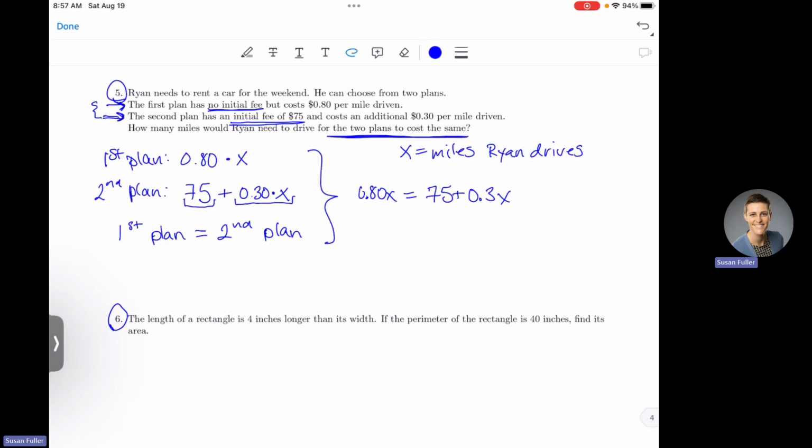All right. Now, this is the point where you can go ahead and solve this. If you like decimals, go ahead and move this guy over. If you don't like decimals, we can do the trick that we learned in class. Since all of these really only go out to 1 decimal place, because this is a 0, I'm going to multiply both sides of this by 10 to clear my decimals.